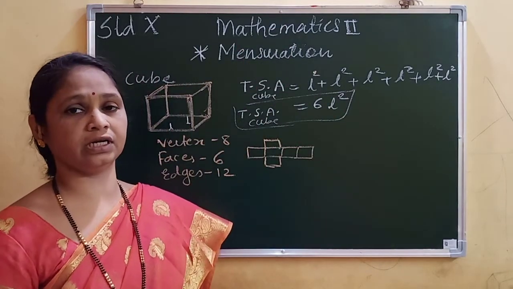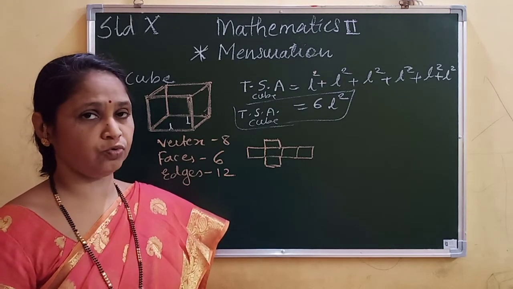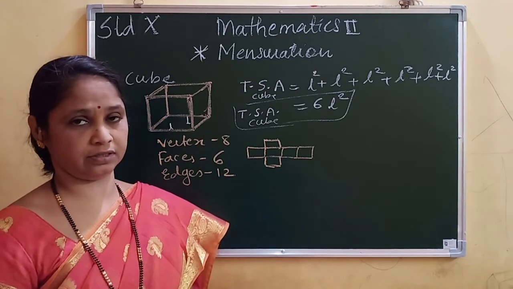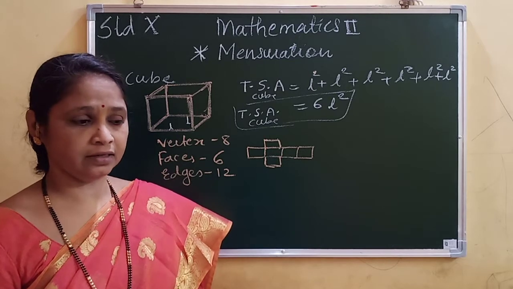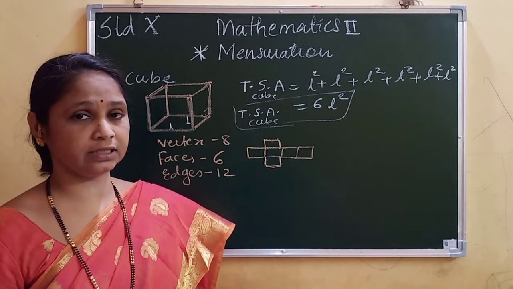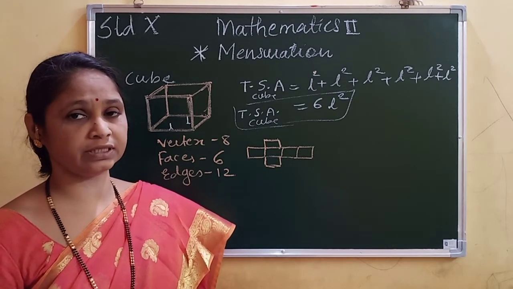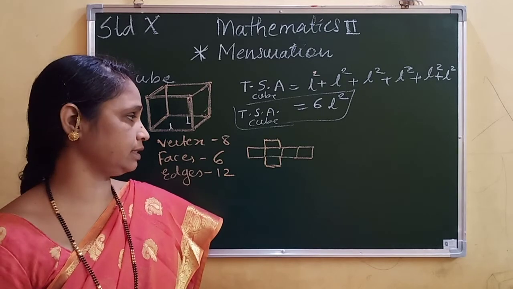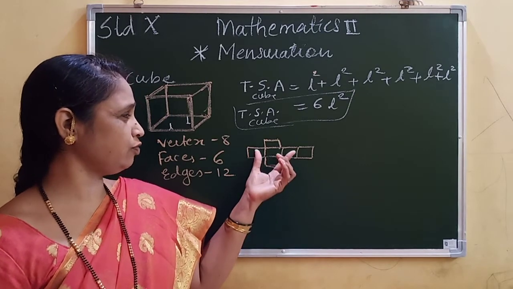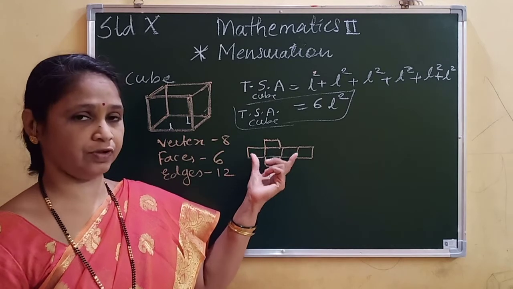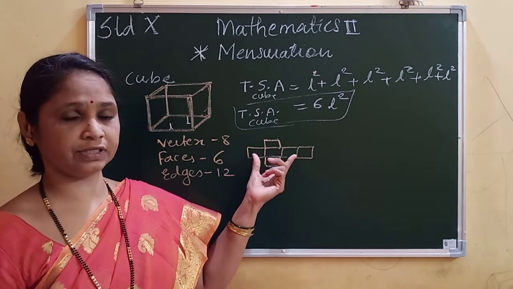These are the 4 vertical faces of a room, and the upper surface is the ceiling and the bottom is the floor. Like this, how many faces does a cube have? 6 faces.